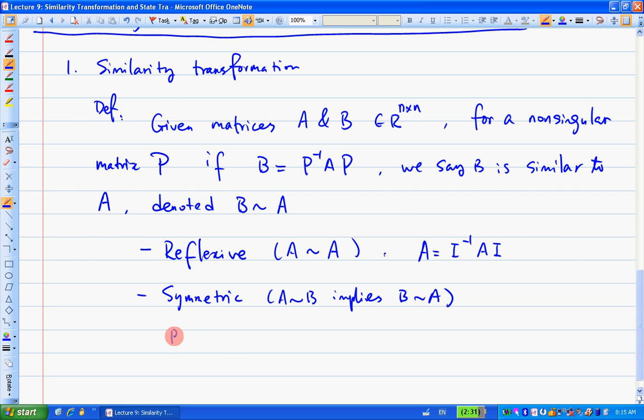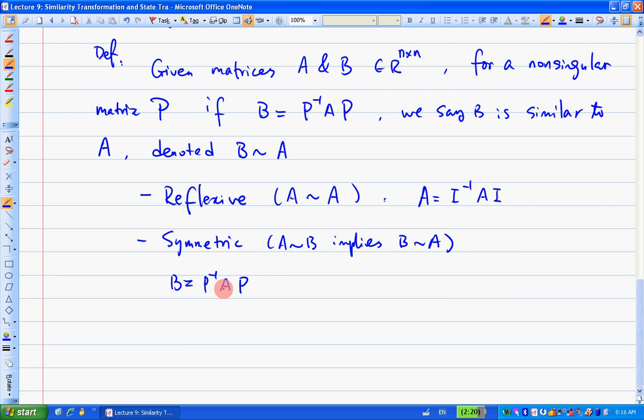So why is that? If B equals this, let's take a very simple linear algebra operation here. If B equals this, then I multiply P here and P over here, so this P inverse becomes the unity matrix. Then we multiply P inverse here and P inverse here. Basically that gives us A equal to P B P inverse.